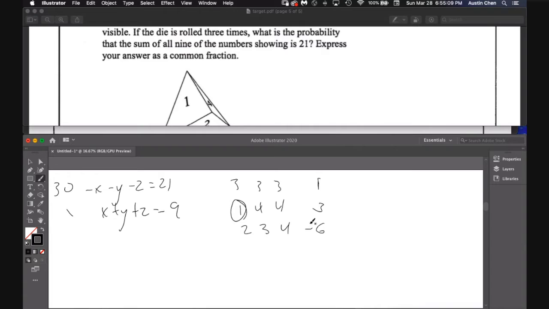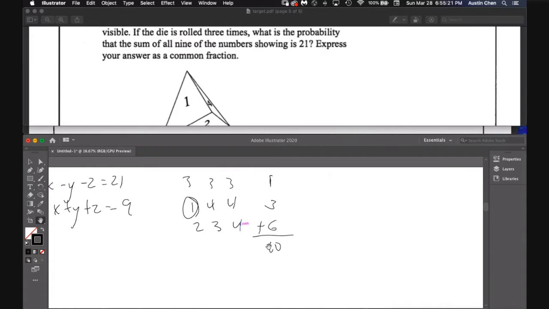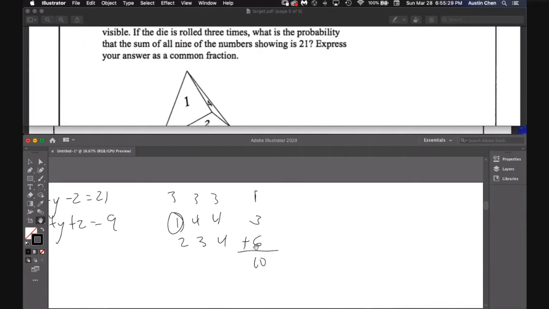So then our total number of permutations of dice rolls that equal a sum of 9 will be 1 plus 3 plus 6, or 10. And then again, to find the probability of our dice rolls equaling 9, we're going to put this number of permutations over the total number of dice rolls that are possible.